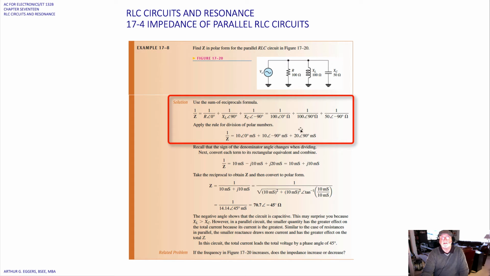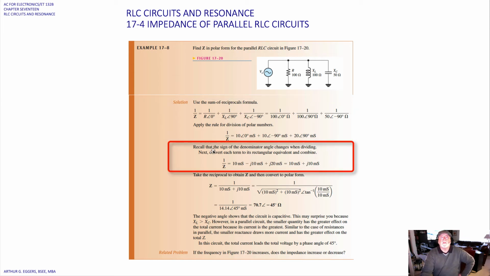For the capacitor, we invert 50 and get 20 millisiemens at a positive angle of 90. Recall that the sign of the denominator angle changes when it's dividing. It's just a simple invert it, change the sign.